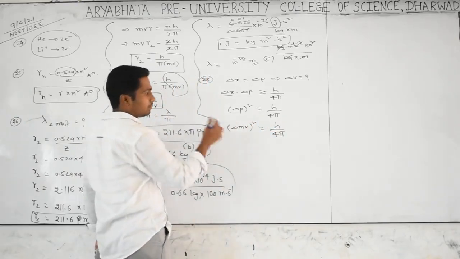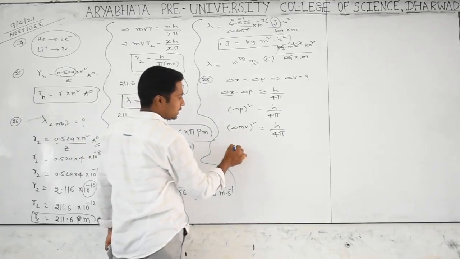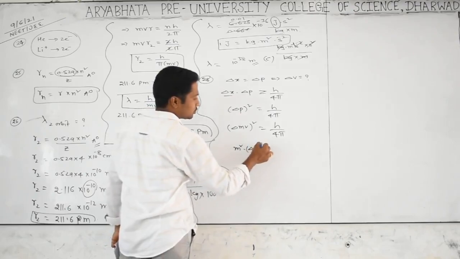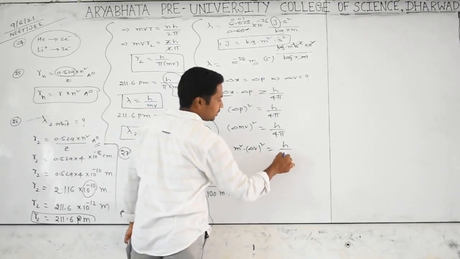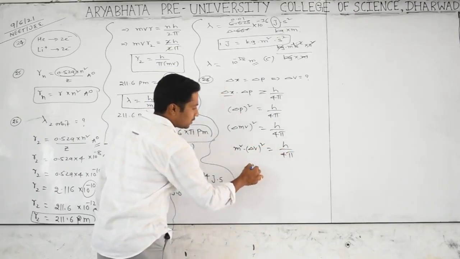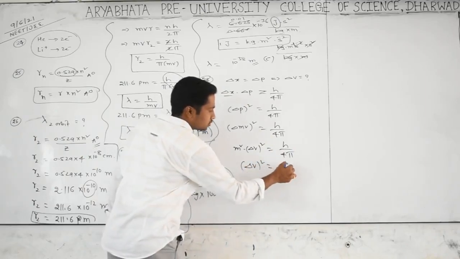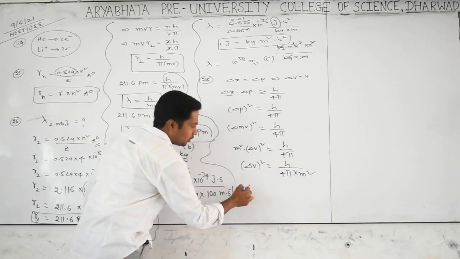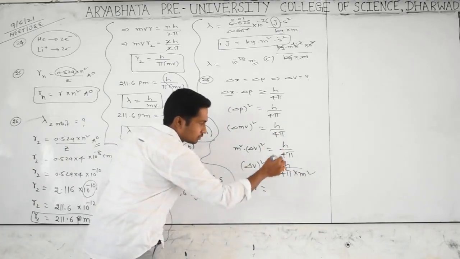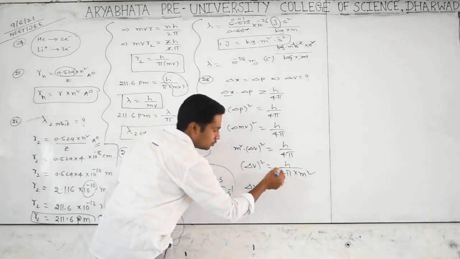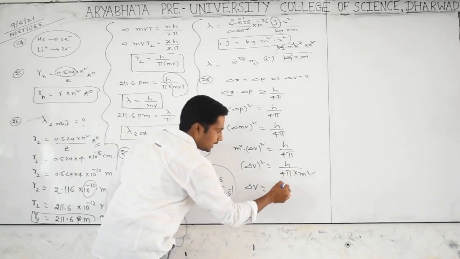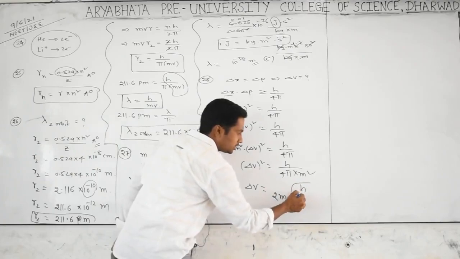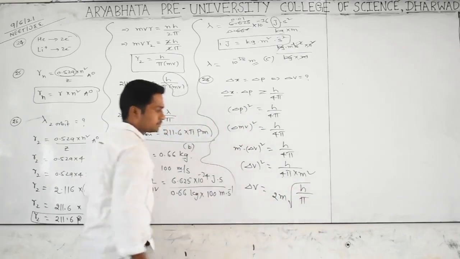Bring m square outside, then we get m square into delta v whole square is equal to h by 4 pi. So delta v whole square is equal to h by 4 pi m square. But we want delta v, which is under square root; the 4 comes as 2, and m square comes as m, so 2m under square root of h by pi.